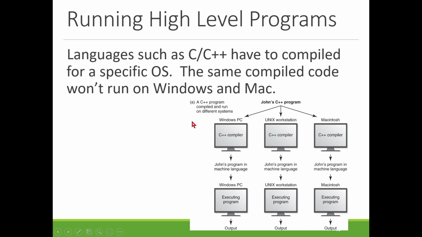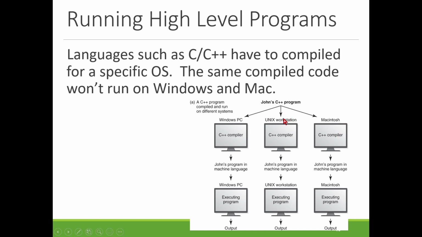Languages such as C and C++ have to be compiled, and they have to be compiled for a specific OS. So if you compile the code for a Windows machine, it won't run on a Mac. If you compile the code for a Mac, you can't run it on a Windows machine. And so even though you have the same original code, it has to be compiled separately for different types of computers.